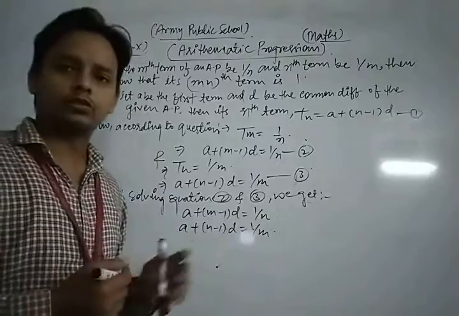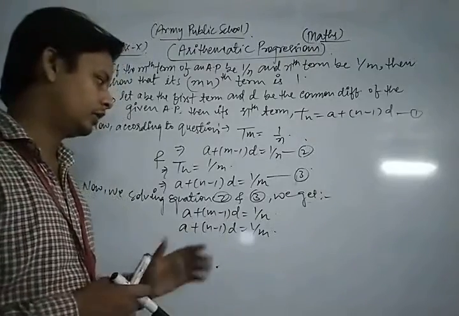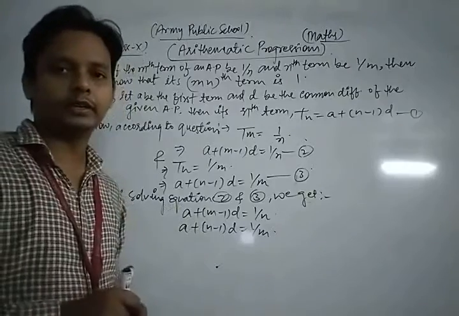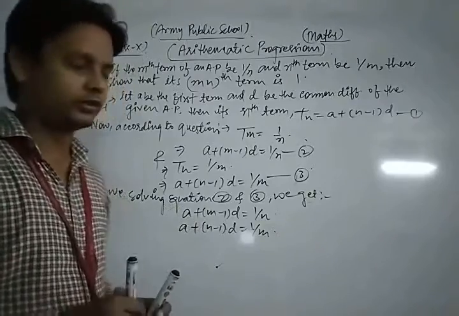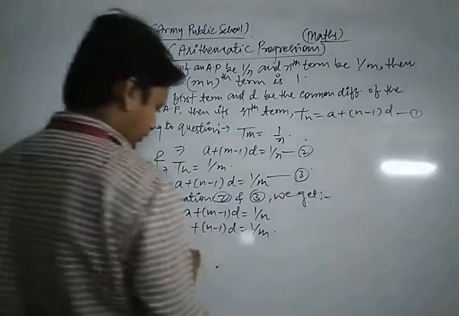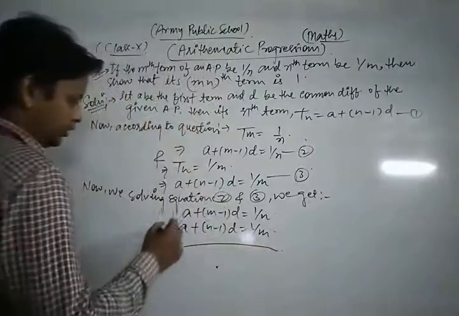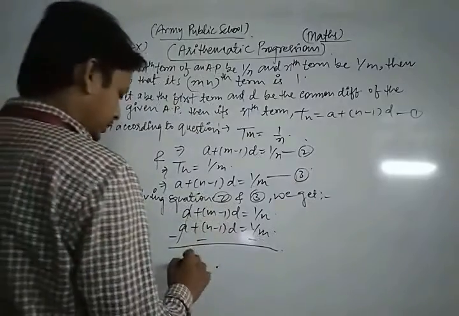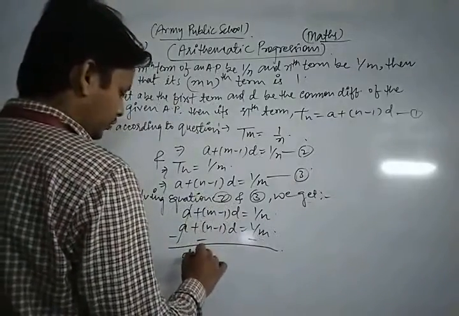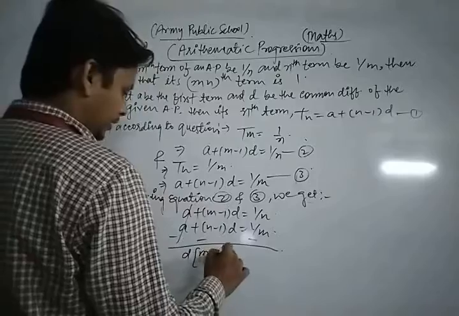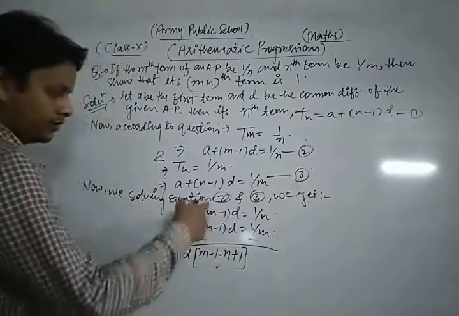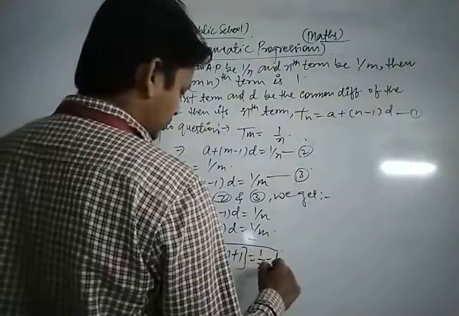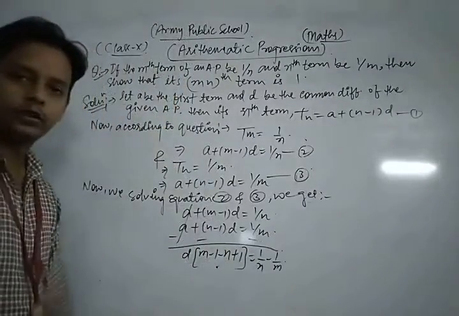Now you know that we solve the given linear equations in terms of A and D by the elimination method. Look, subtracting, A cancels out. Now we take D common, so we have m minus 1 minus n plus 1 after simplifying, which equals 1 upon n minus 1 upon m. Clear everyone?